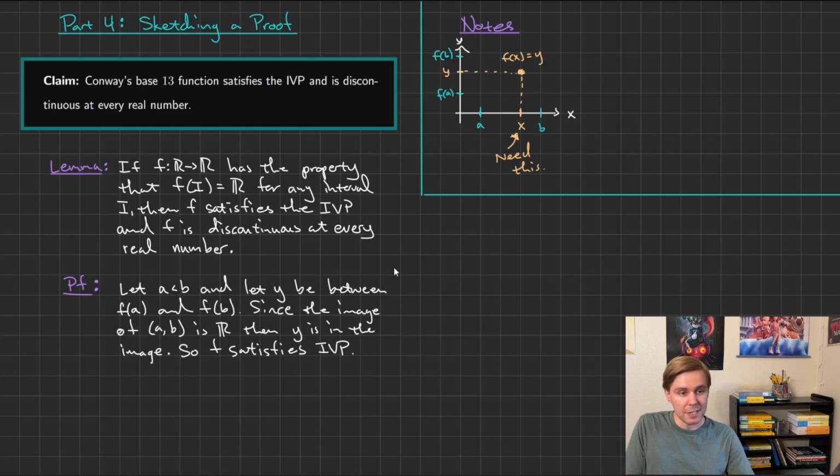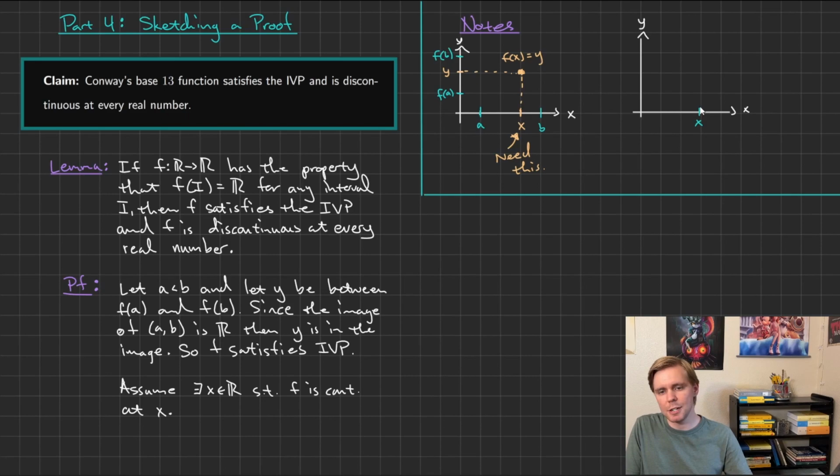Alrighty. So for the second part, I need to show that f is discontinuous at every real number. And we're going to do this one by contradiction. So we're going to assume there exists an x such that f is continuous at x. And let's go ahead and draw a picture again up here in our notes. So I'm saying there's an x value somewhere, and the function is continuous at this point.